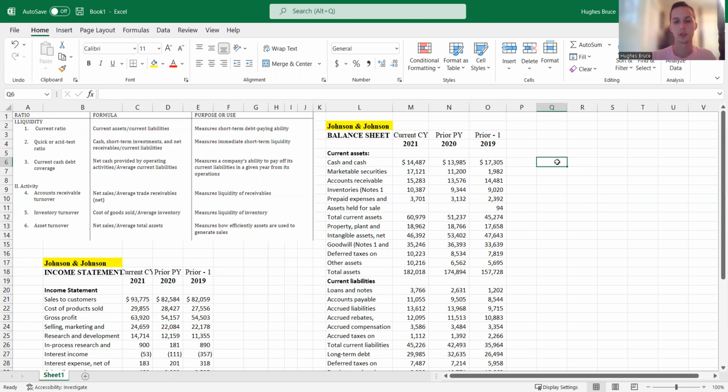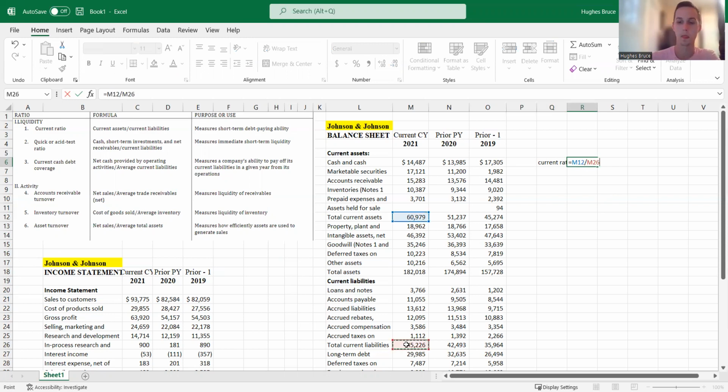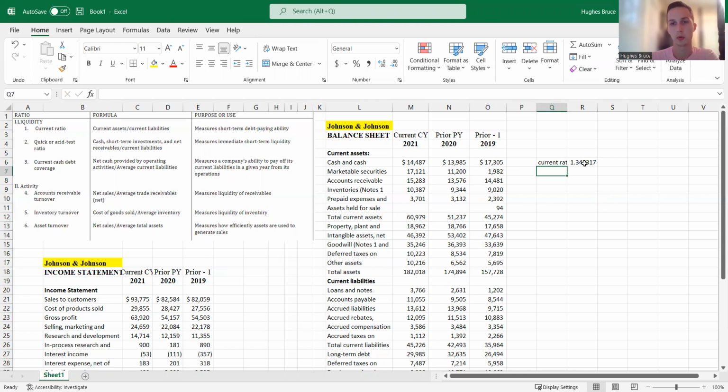But to calculate the current ratio, what you will do is take a company's current assets and then divide it by the company's current liabilities. And that will give you the current ratio for a given year. And then I just drag that across to calculate the current ratio for 2021 and 2020 and 2019. With the current ratio, you want it greater than 1 because that represents that you have enough current assets to cover your current liabilities.